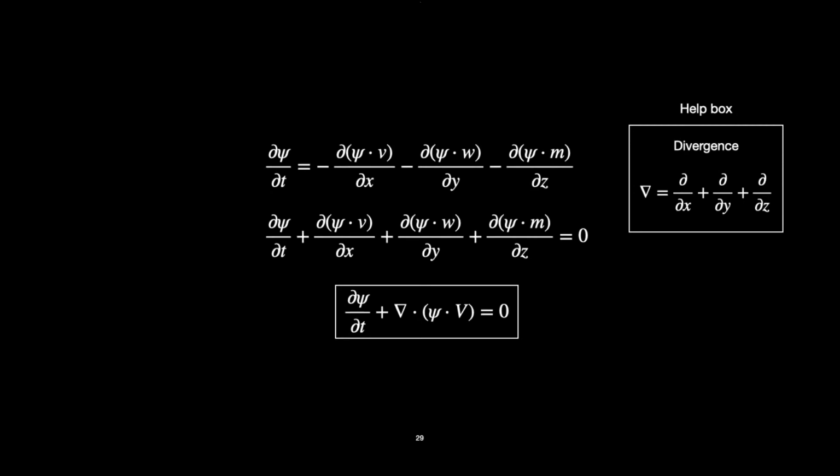I just wrote it as capital V, so you can conclude what I'm referring to here. That's mass conservation. This famous equation is what we see above the Navier-Stokes equation. We just derived it so easily.